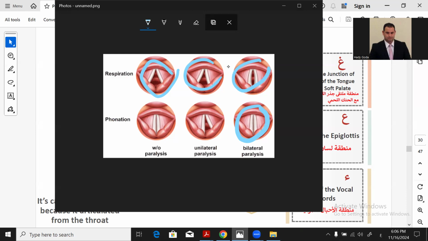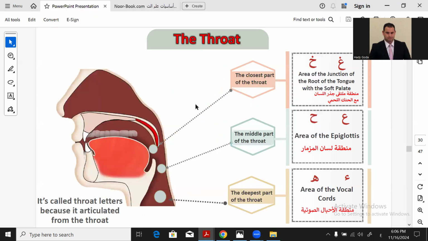Now, how can we pronounce letter Ha? To pronounce any letter in the correct way, you should find the makhraj, or the articulation point. To pronounce letter Ha, we will start with letter Hamza first.